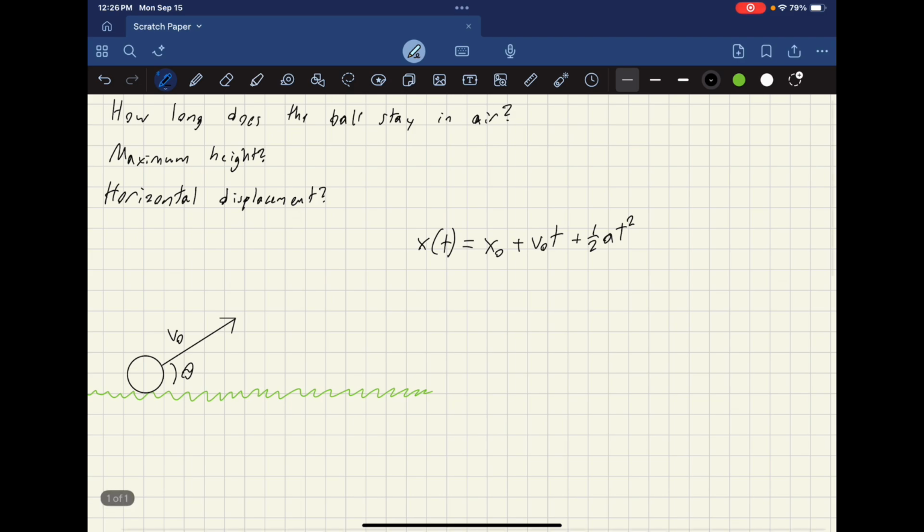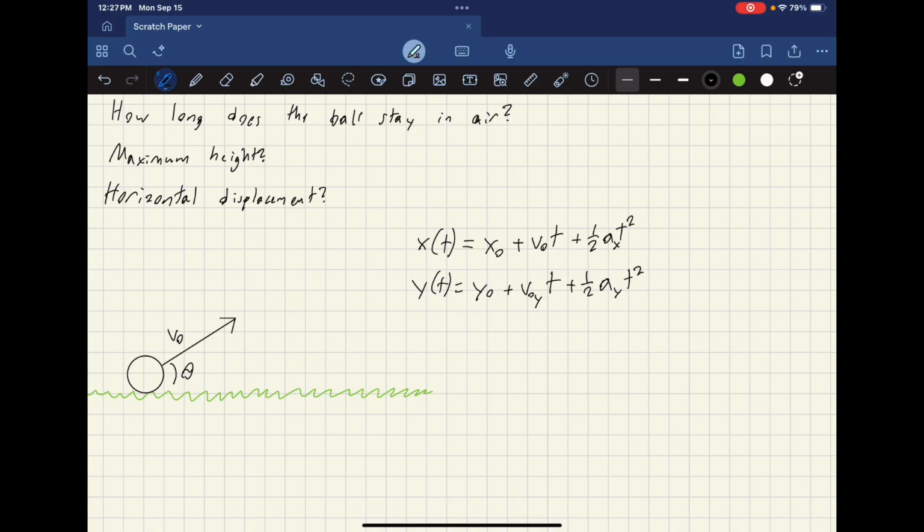So we can break this up. We have x of t, we'll call this our horizontal displacement, but we're also going to have y of t being y naught plus v naught y, so initial velocity in the y direction, times time, plus 1/2 acceleration in the y direction times time squared.